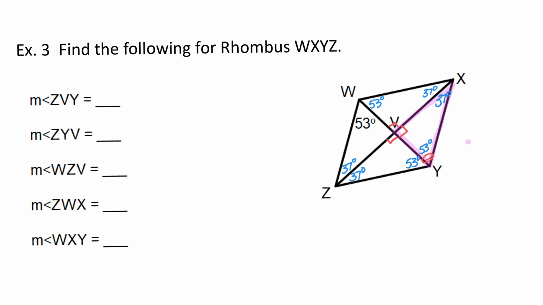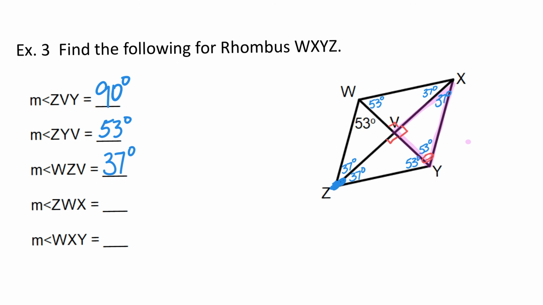All right, so let's just plug in the answers that we know. So first off, we see from Z to V to Y. Z to V to Y is one of our right angles, so that would measure 90 degrees. From Z to Y to V, that's a 53-degree angle. W to Z to V, that is our 37-degree angle.